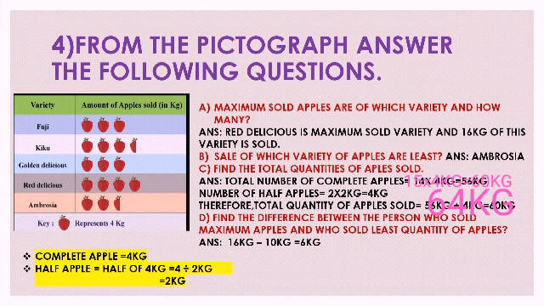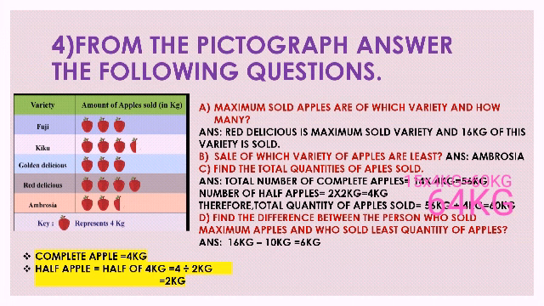Half of 4 kg, that is 2 kg. Again, listen to it very carefully. I am repeating again. One whole apple, the picture of one whole apple, means 4 kgs of apple. So the picture of half an apple means how many kgs? Half of 4 kg, that is 2 kg.